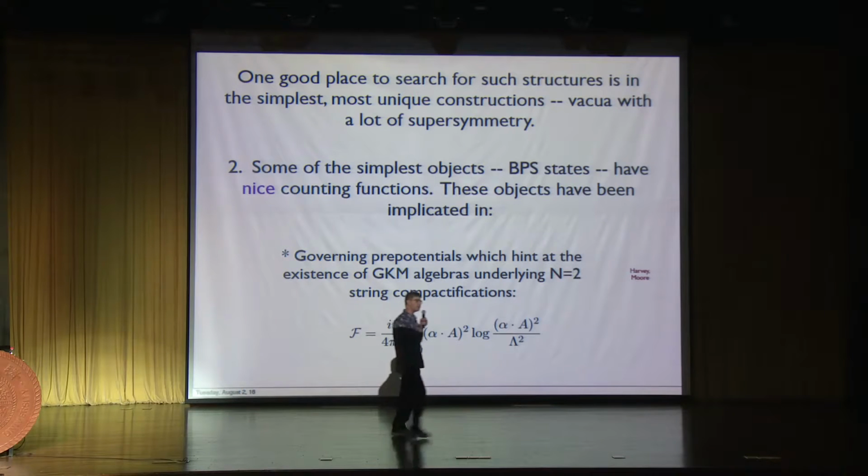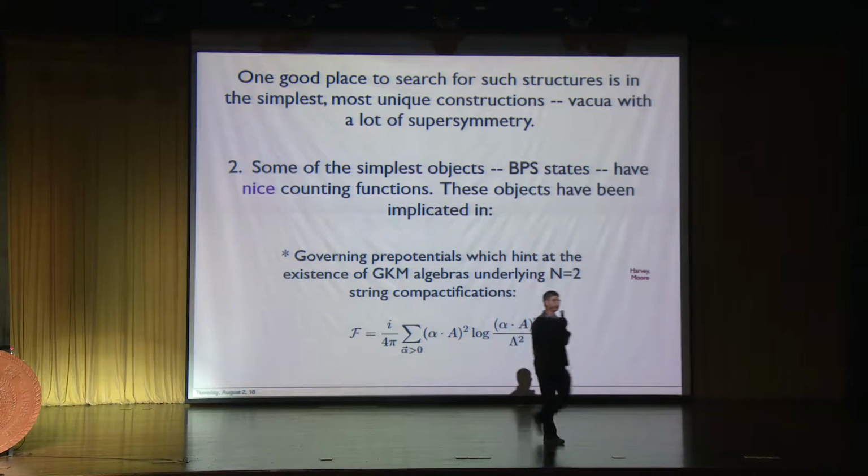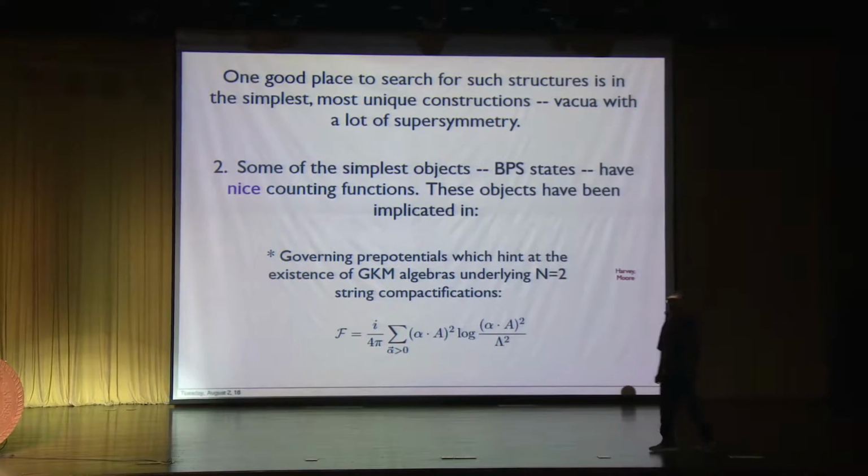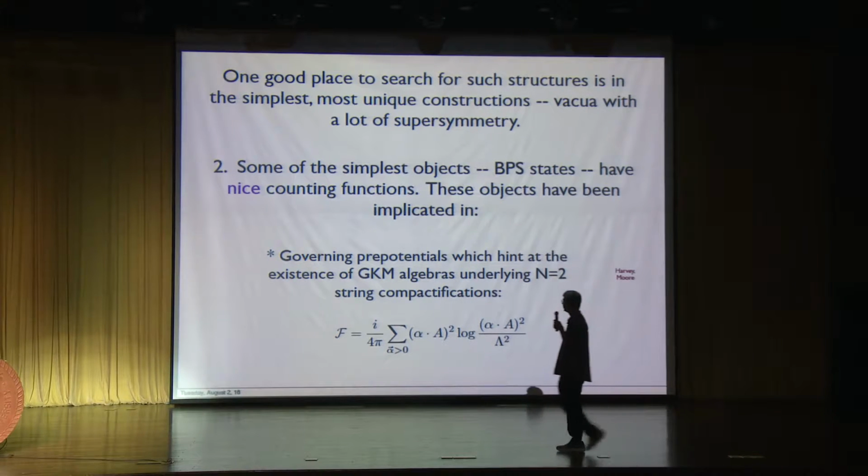Some of the simplest objects that appear in these theories, the BPS states, those that preserve some fraction of the supersymmetry, have very nice counting functions if you just try to make a function that will count the number of such objects. And both the BPS states and their counting functions have been implicated in various interesting ways in the study of string vacua.